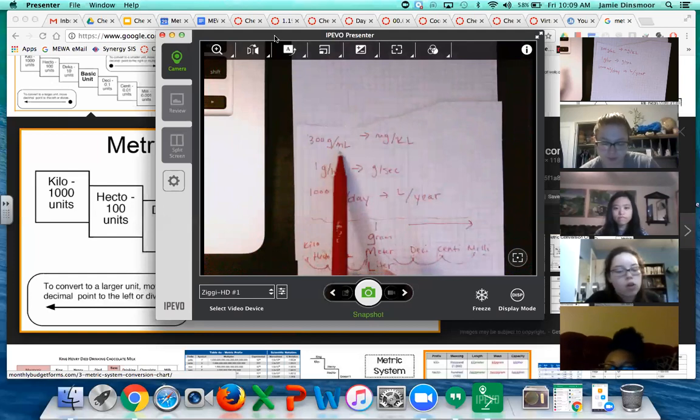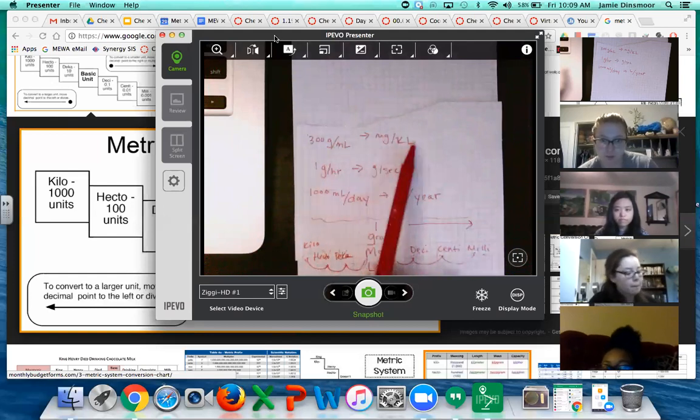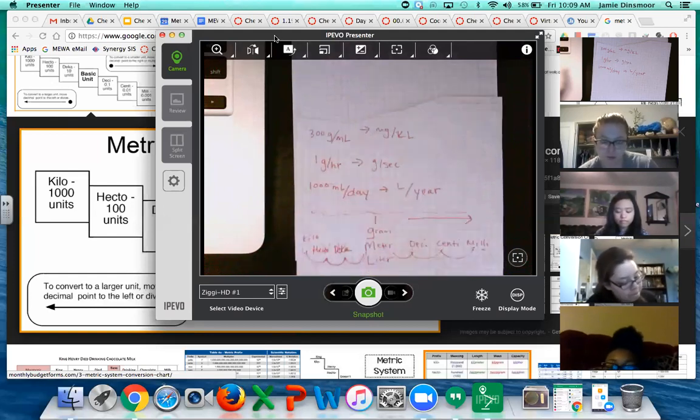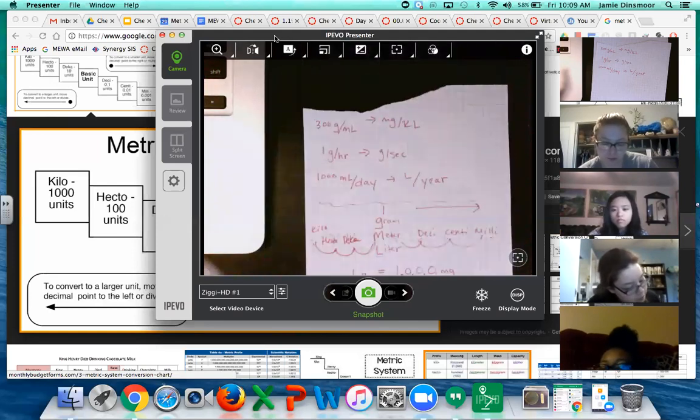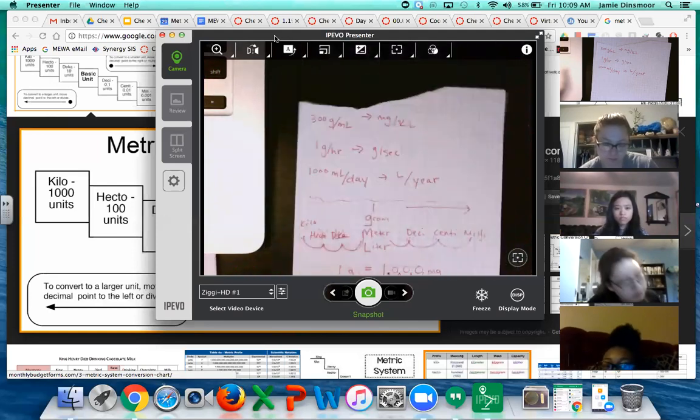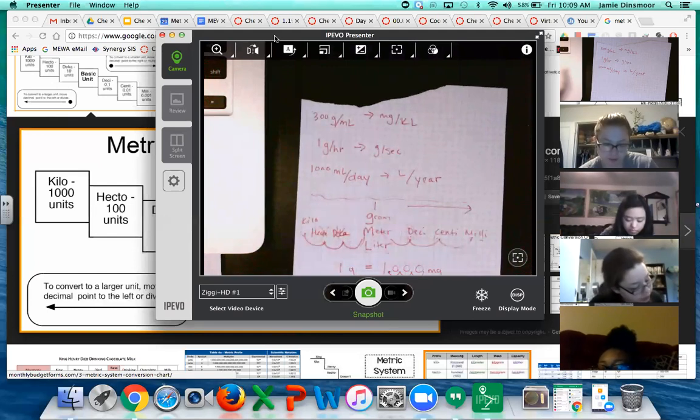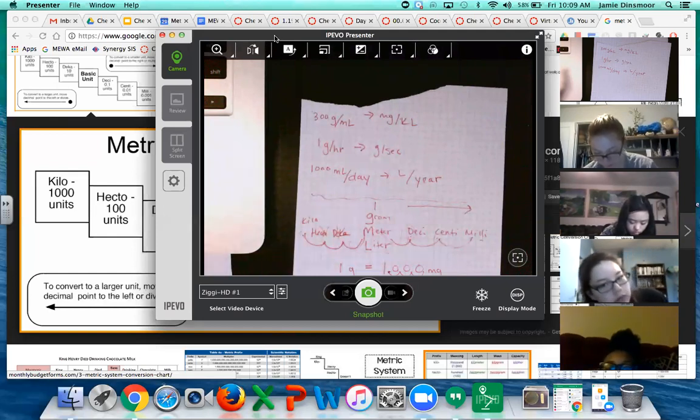300 grams per milliliter, we want to convert this into milligrams per kiloliter. I am going to solve it at the same time as you guys, and then we'll go over how to do it, but see if you can at least set it up, or at least figure out how to convert grams to milligrams, right? If you can do any of the parts of it, that will be helpful.